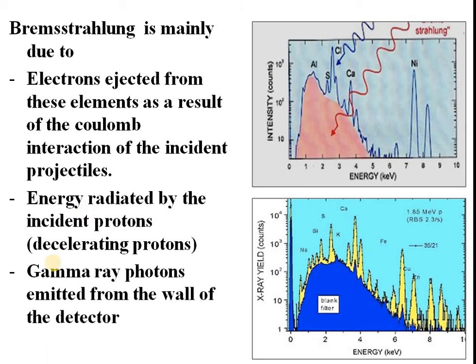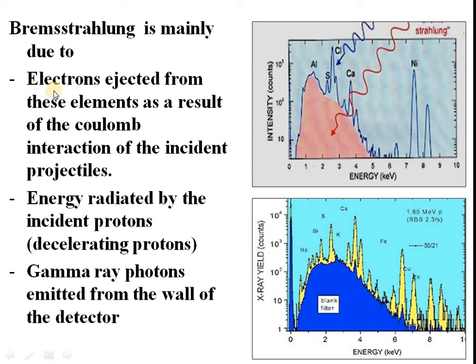And you have the third factor, gamma ray photons emitted from the wall of the detector. Because we have the steel wall, we have a container. Some of the protons may also hit those inner walls, and that may lead to the generation of gamma rays. So these three factors are contributing to the noise, not to the signal.